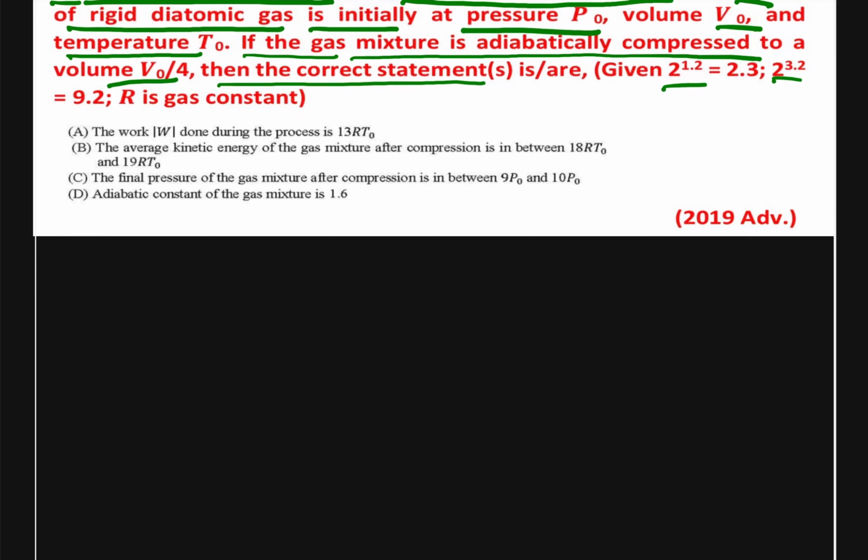So first thing, we have to find out the work done. Here the easiest part will be to first of all find out the adiabatic constant, that is our gamma, because that is for our mixture.